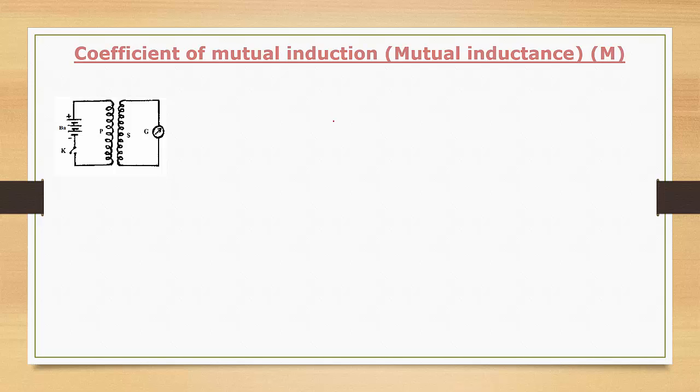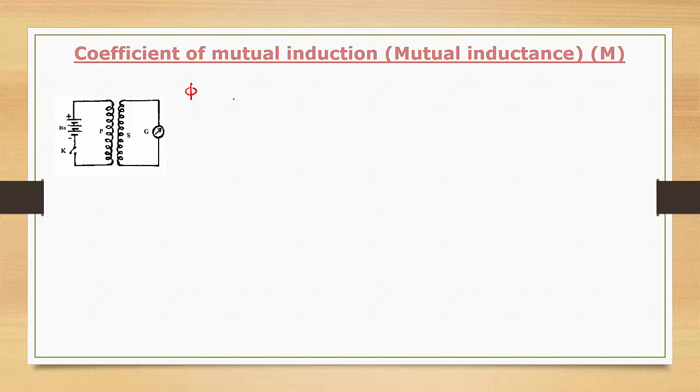Let us consider phi is the magnetic flux. What is phi here? Magnetic flux. This magnetic flux is linked with the secondary coil due to flow of current in the primary coil.